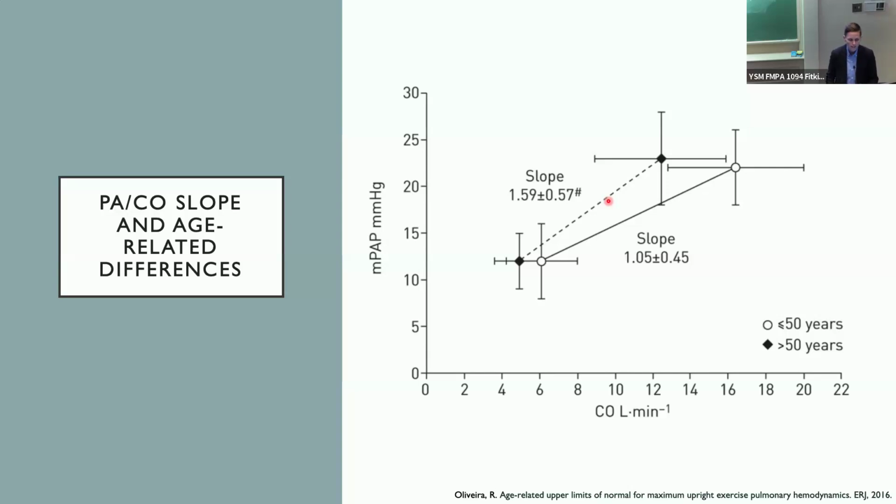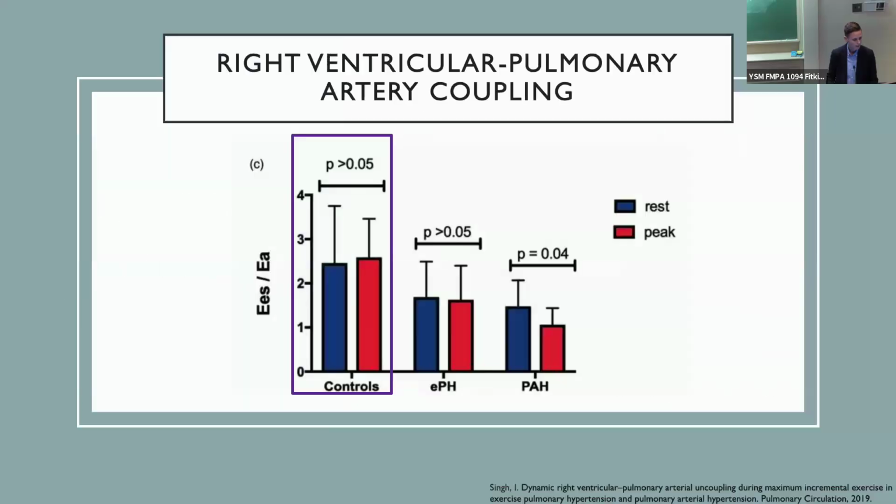This illustrates that even in health, pulmonary pressures rise more with flow as we age, reflecting vascular and ventricular changes that become apparent during exercise. And it underscores why in some cases, age-specific thresholds are critical when interpreting exercise hemodynamics.